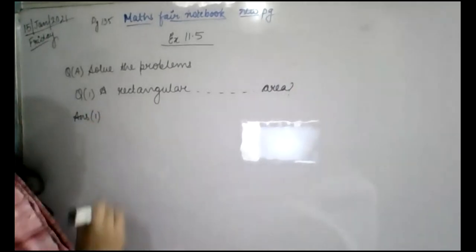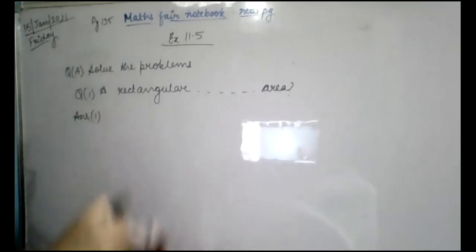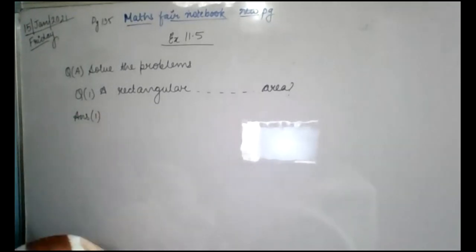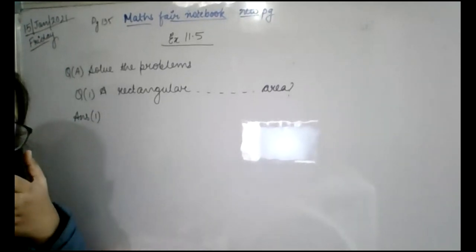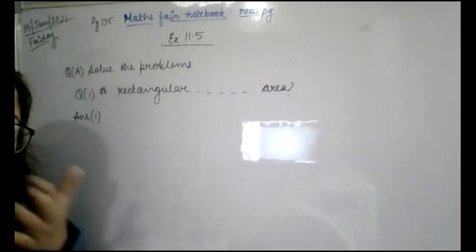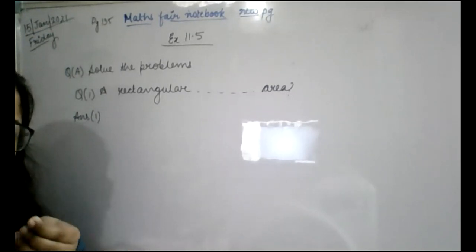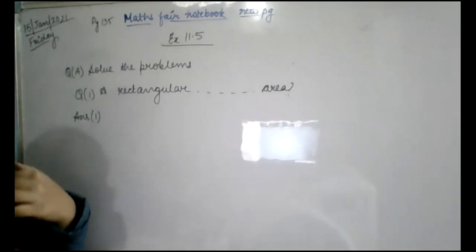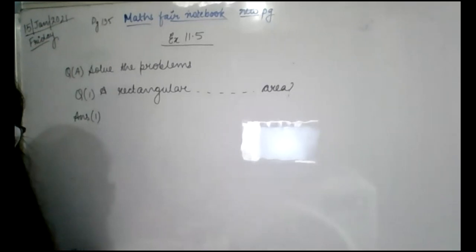Very bad class. Fourth is very least responding. Nobody is responding to my questions. What is area? Length into breadth is the area. Nobody is responding in class unless I am asking you. It's better to teach in 4th B and 4th C. At least they are responding well.